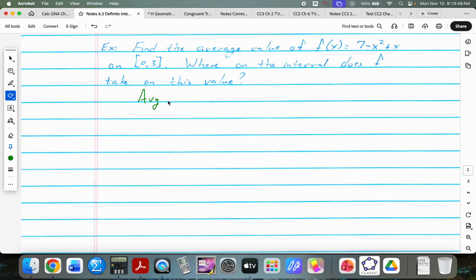So the average value of f is going to be equal to the integral from 0 to 3 of 7 minus x squared plus x dx, all over 3 minus 0.